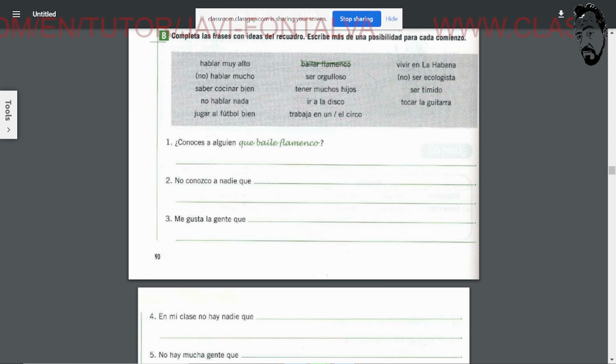Okay. No hay mucha gente que, let's say, tocar la guitarra. So the subjunctive, toque la guitarra. So no hay mucha gente que toque la guitarra.